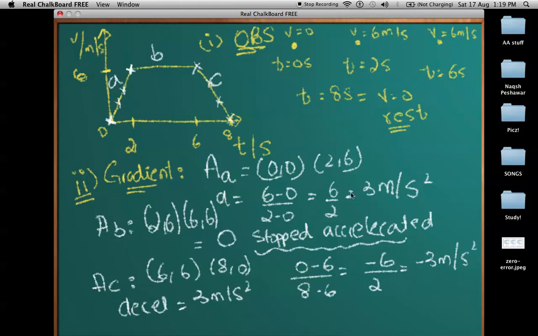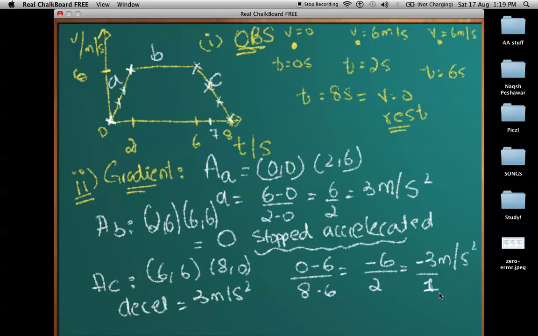If you see, the gradient of minus 3 means that with every increase in x, there is a decrease of 3. So for example, at 7, this would come from 6 to 3. There is a decrease of 3 in y because of the minus 3 for every increase in x.